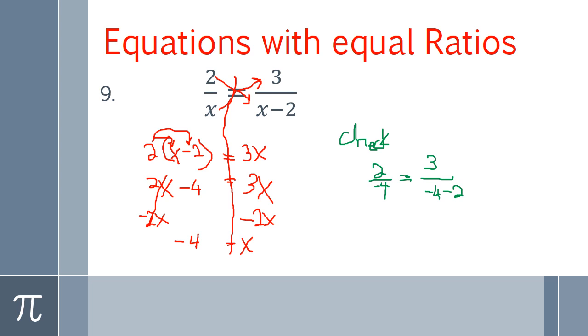So 2 divided by negative 4 is going to be negative 2. And the denominator here, negative 4 minus 2 in this case.